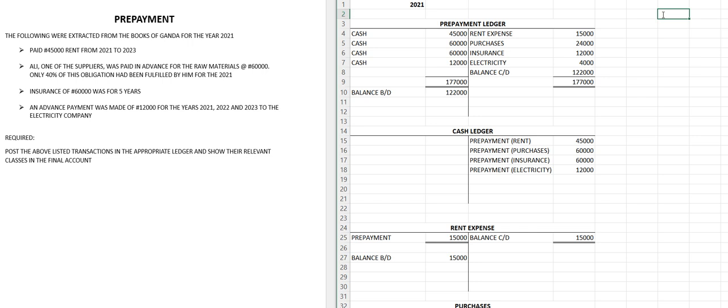Let's move up a bit. Classes in the final account.